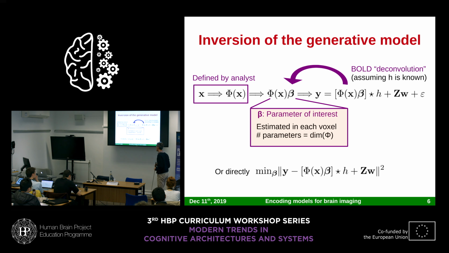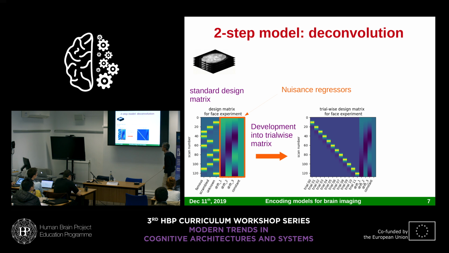Does that make sense? Yeah. One other possibility is also to estimate all the parameters jointly in a big minimization problem. I will now make this a bit less abstract by showing how it works in practice.